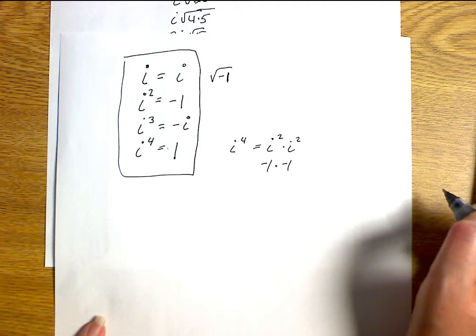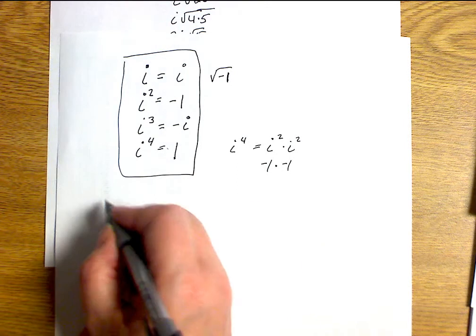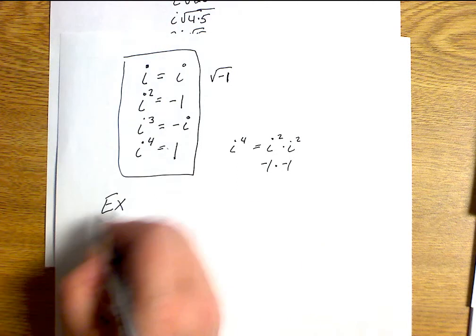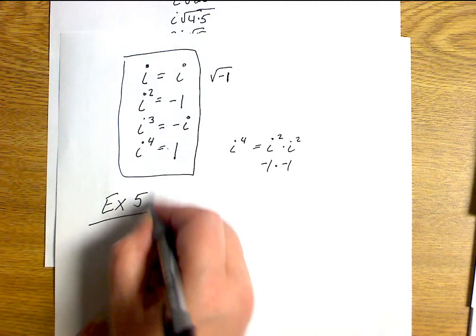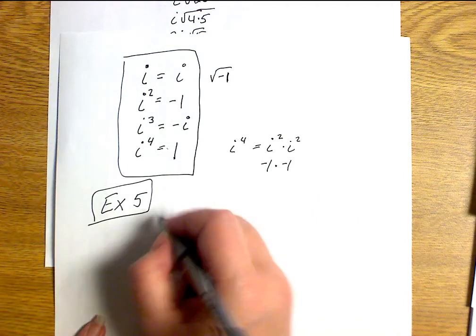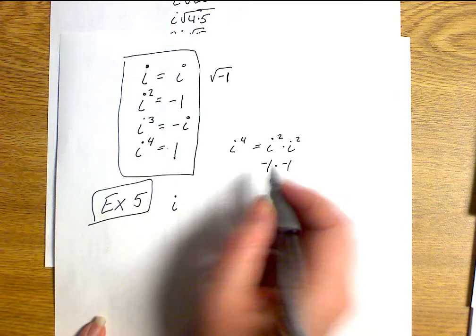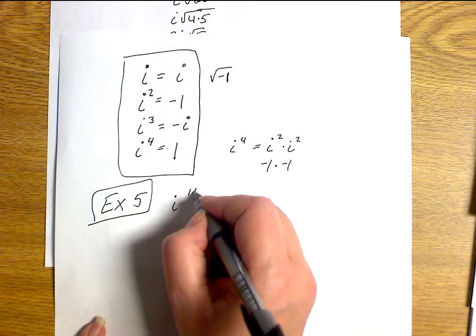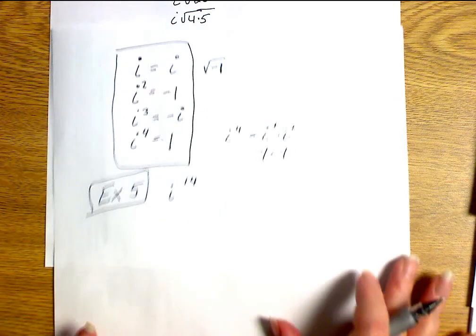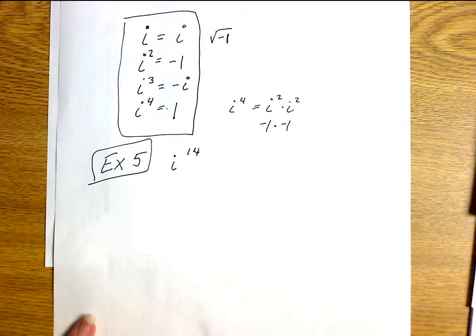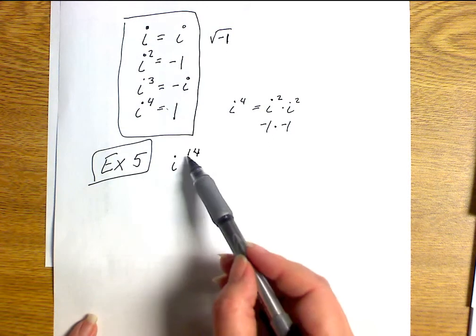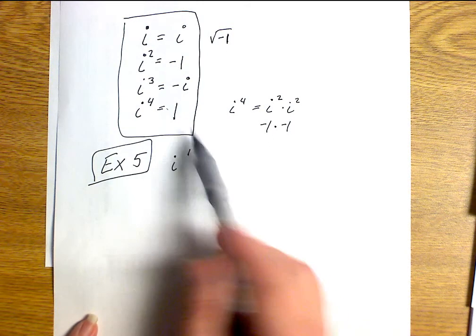But what happens when I say example 5: what is i to the 14th? The first thing you have to do is think about i to the 4th.